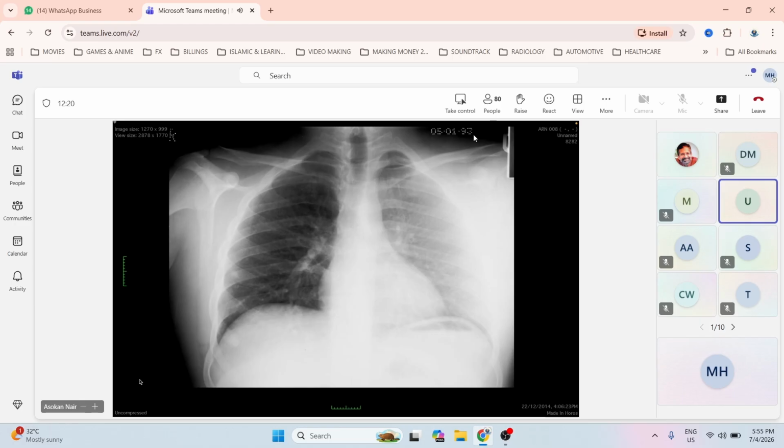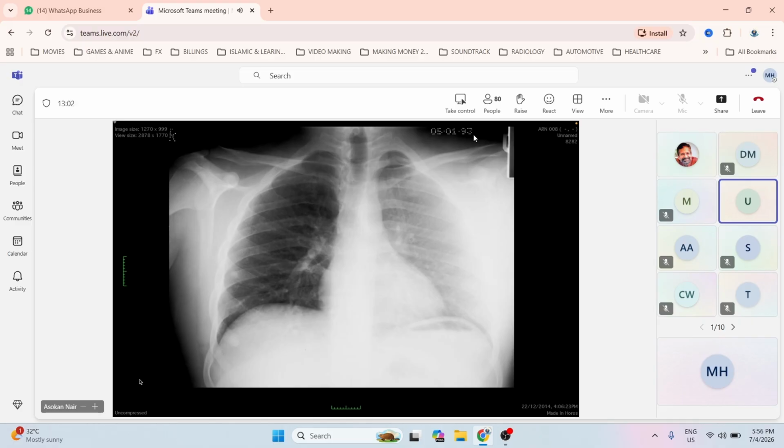The opacity is causing a mild tracheal deviation to the right, and there is also soft tissue opacity that is obscuring the left scapula. Otherwise, no obvious rib erosions are noted at this region.